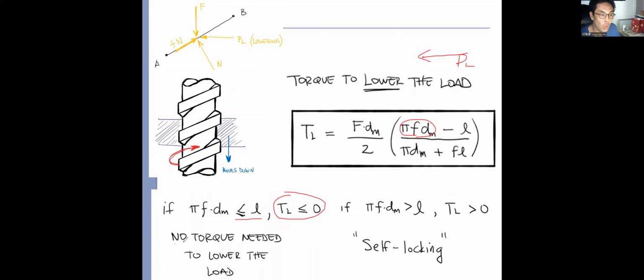That means no torque is needed to lower the load. What does that mean?